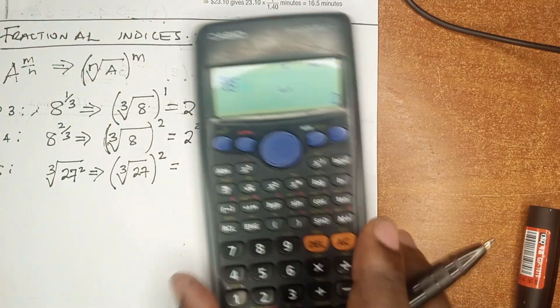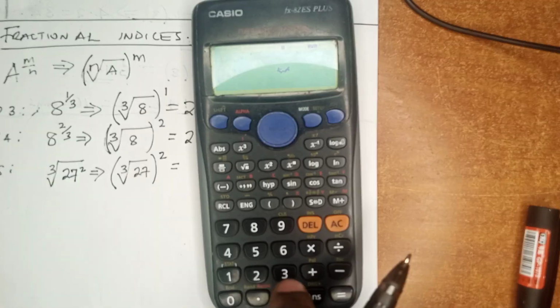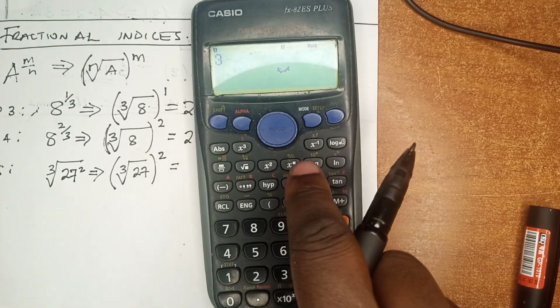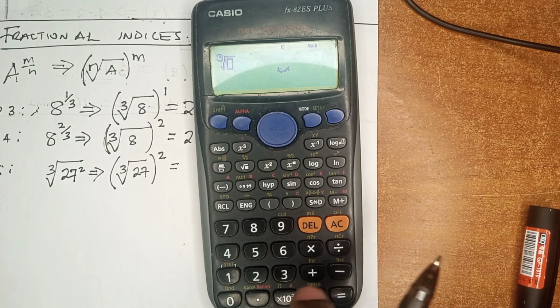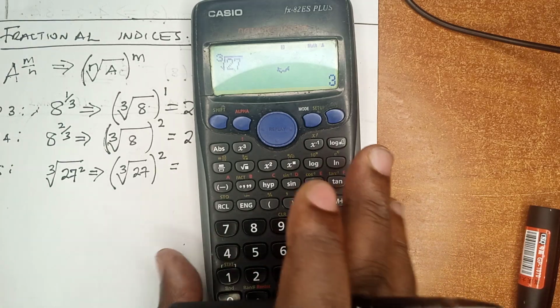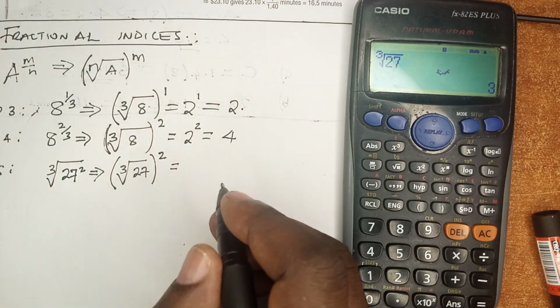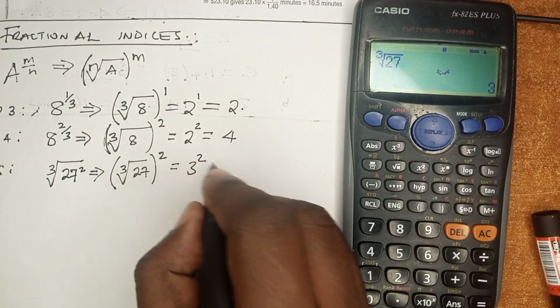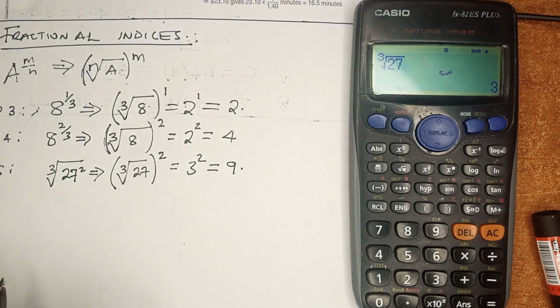And the cube root of 27, again from the calculator, 3, shift x raised to power, and then 27, and then the cube root of 27 is a 3. Now, 3 squared is a 9.